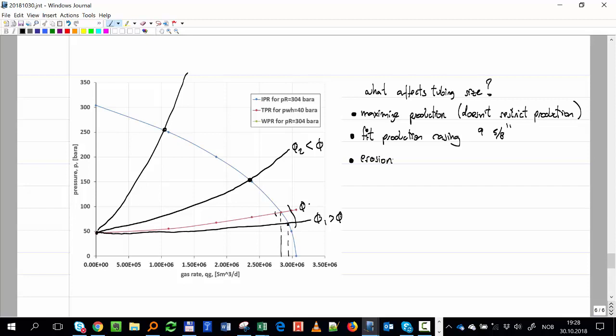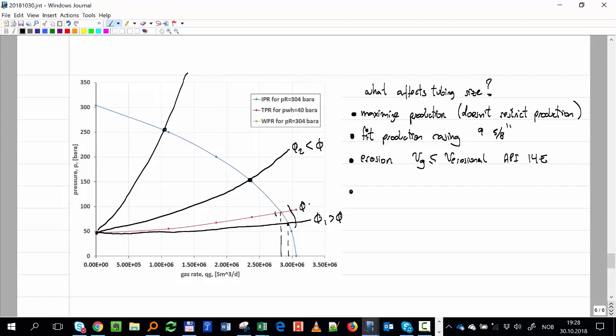The velocities in the tubing have to be less than the erosional velocity, and that we are going to discuss a bit later. Well, you already know how to calculate velocity along the tubing. That's the exercise we did yesterday, but that's according to API 14E. The gas velocity has to be less than the erosional velocity.